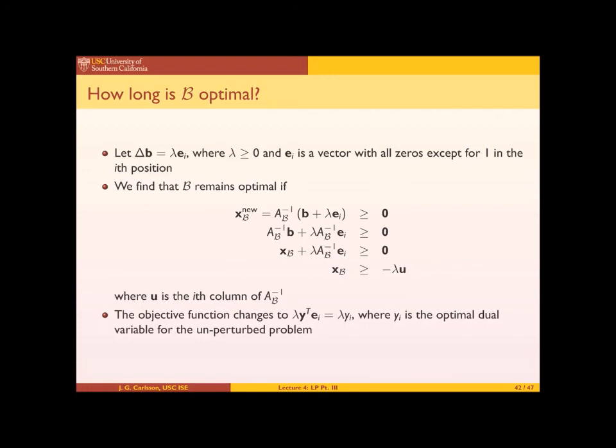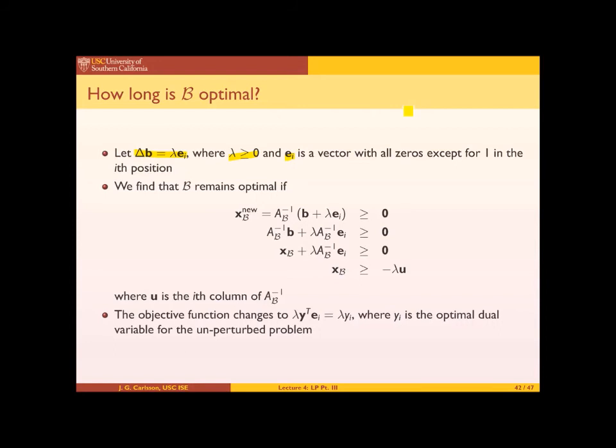So we'll notate delta B as follows: delta B is lambda times E sub I. What are these things? Lambda is a scalar, and we'll determine what the value of that is in a moment. E sub I is a vector that, oh no, wait, this is a linear algebra thing.